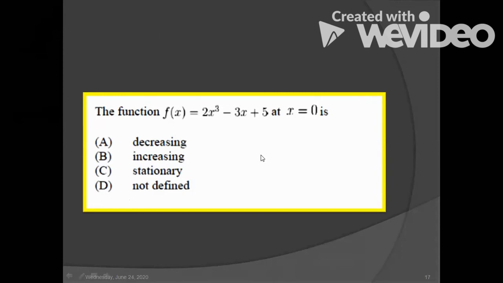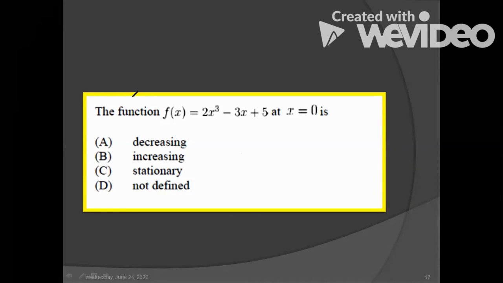Alright, so this question wants to find out if the function is increasing or decreasing. A function is increasing when dy/dx is greater than 0, and decreasing when dy/dx is negative. So we're going to differentiate this function, input x equals 0 and observe what happens.